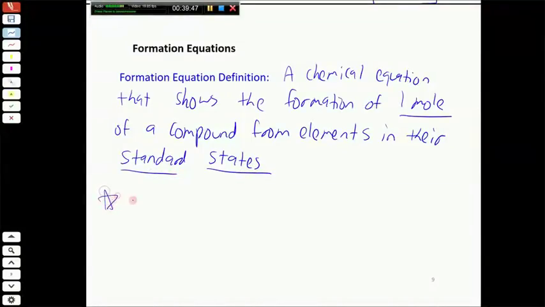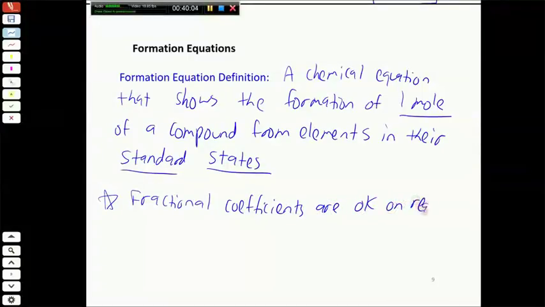An important thing to realize here is that fractional coefficients are okay and very often are encountered, as we'll see, as long as they're only on the reactant side. You're not always going to have fractional coefficients, but sometimes you will. If you do have them, they will be on the reactant side. As I said, the product side of a formation equation only has 1 mole of a compound.